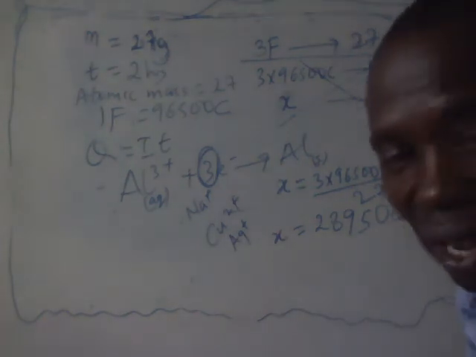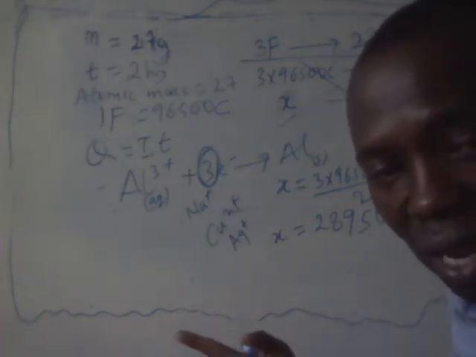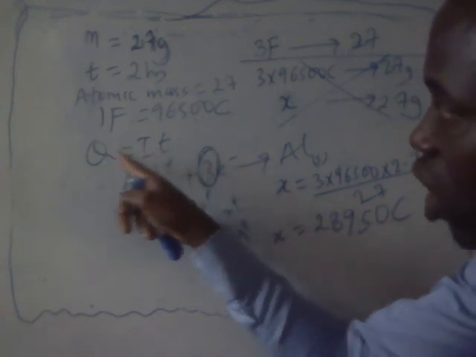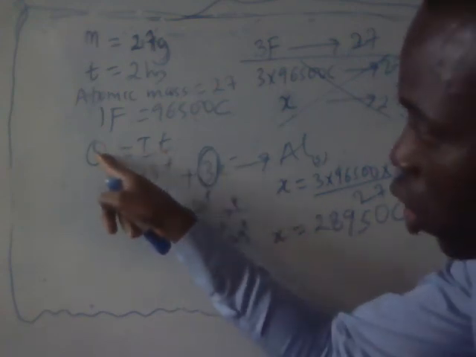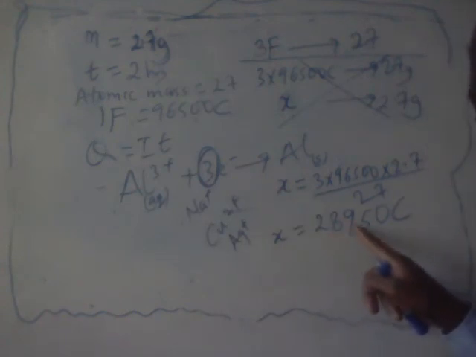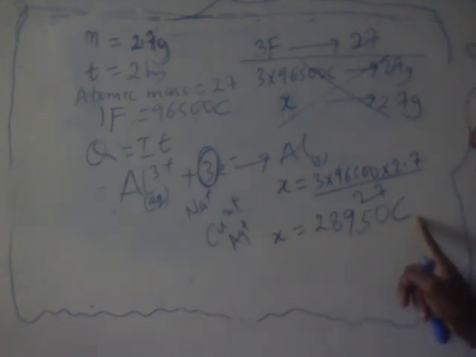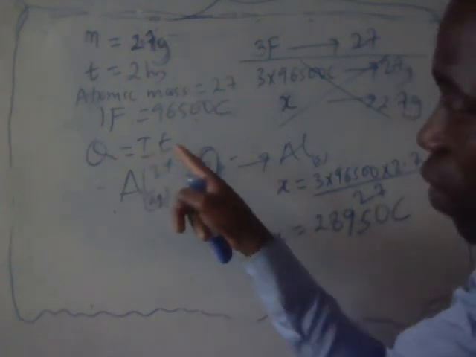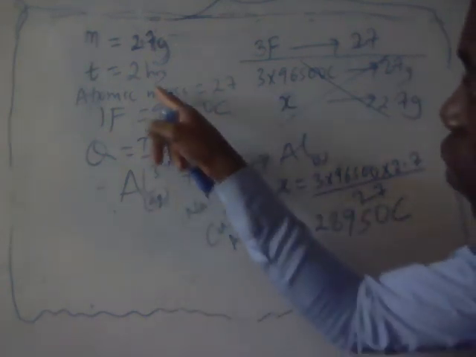That is not your final answer. You now go back to Q equals IT. Your Q, whose unit is coulombs, is 28950 coulombs. Then I is what you're looking for, the current. T is the time, which is given in hours.